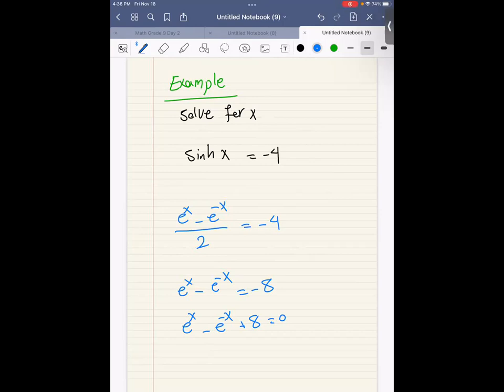Perfect. If you multiply this equation by e to the power x, so multiply the left-hand side by e to the power x and the right-hand side by e to the power x. On the left-hand side, you get e to the power x times e to the power x, which is e to the power 2x, minus e to the power x times e to the minus x, which is just -1, plus 8 times e to the power x, equal to, the right-hand side is 0 times e to the power x, which is just 0.